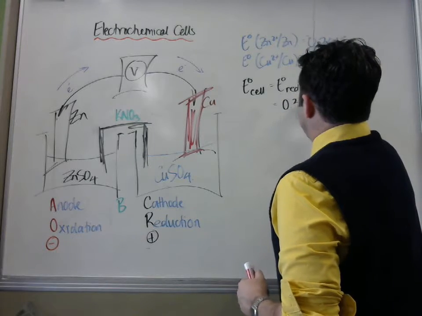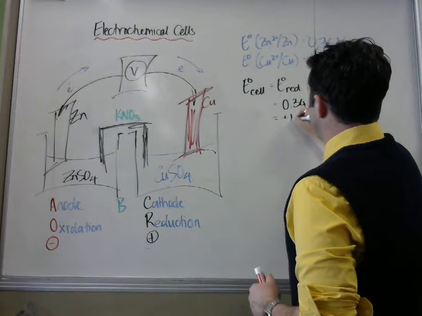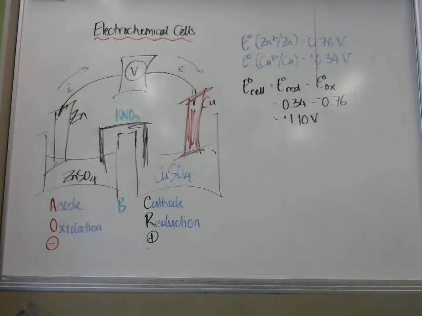So 0.34 minus negative 0.76, which is 1.10 volts, which is pretty close to what we got in our experiment.